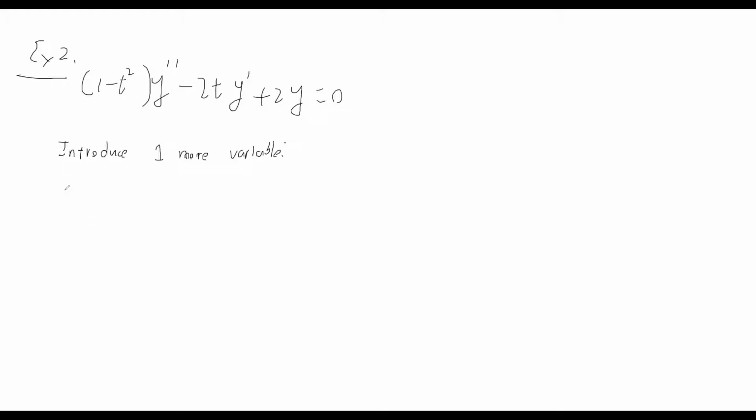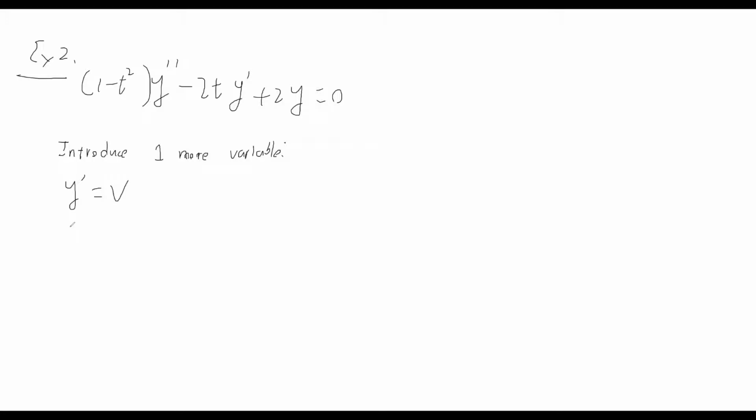So here I'm going to let y prime be equal to some variable v. Now I have two different variables to represent our function, v and y.